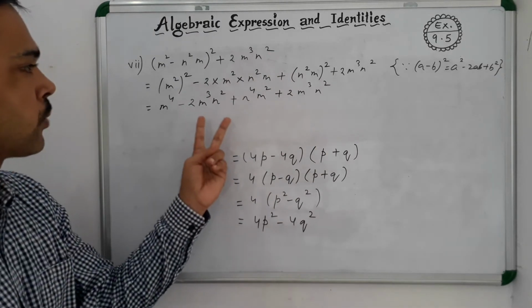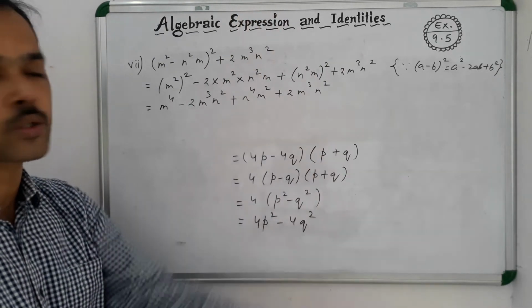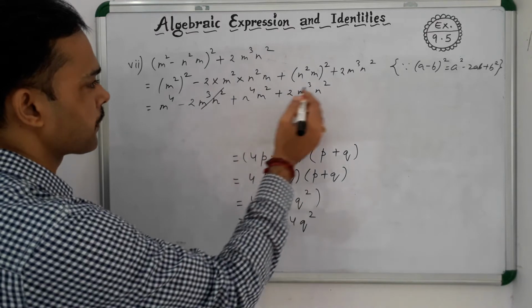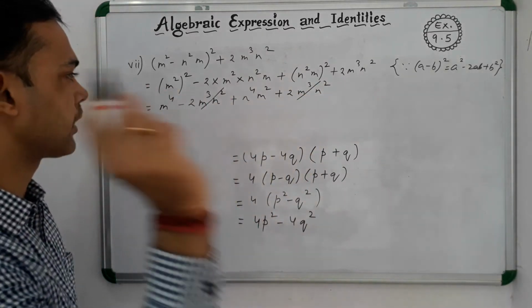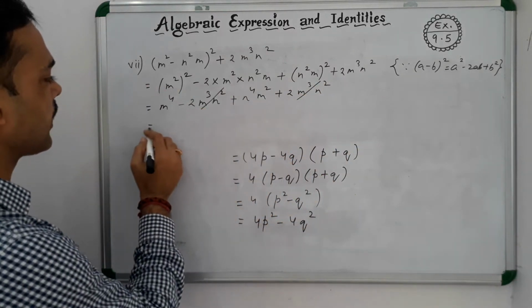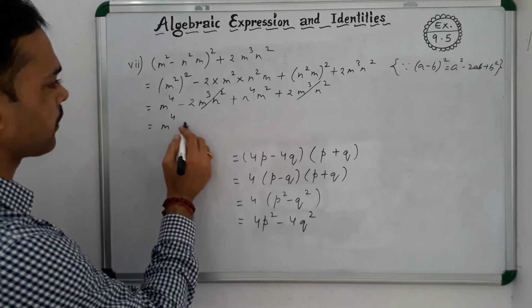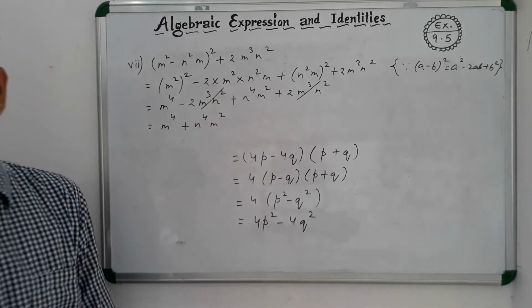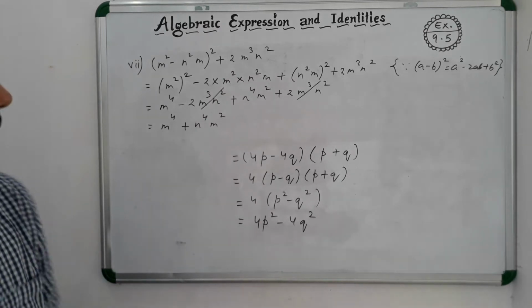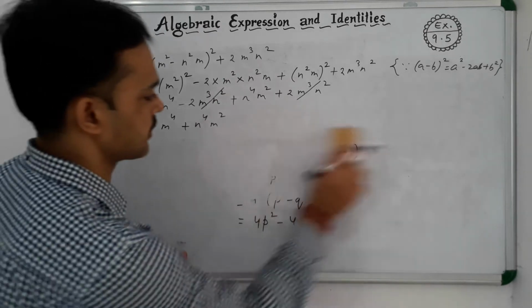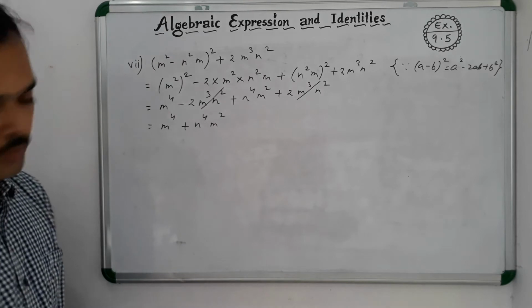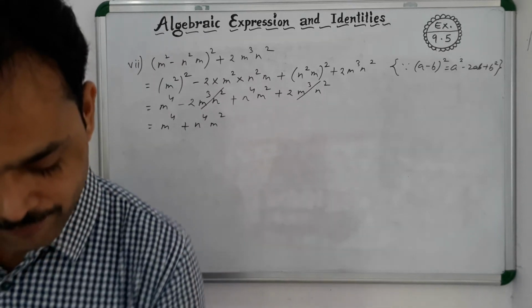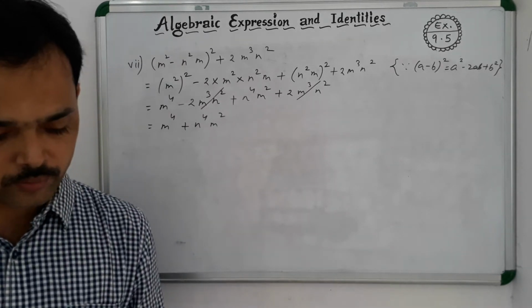This is m cube n square, this is also m cube n square, and when you subtract, then you are left with nothing, 0, and m to the power 4 plus n to the power 4 m square. So in this way you get this as your answer. Okay, in this way we have done question number 4.